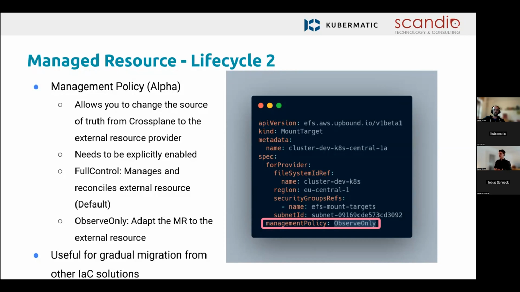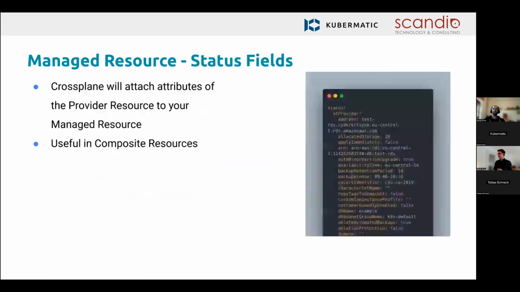That's very helpful if you're using multiple infrastructure as code tools at the same time, and you want to have some boundary, and you need to pass some information across that provider boundary. So yeah, that's a thing. Again, why would we do that? There's a status field in your managed resources. The status field contains very many interesting pieces of information about your resource, and it allows you to template.